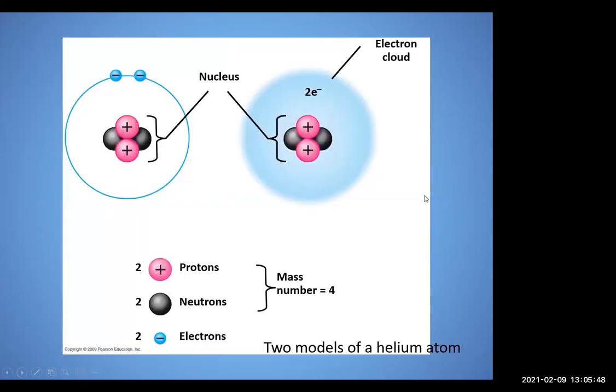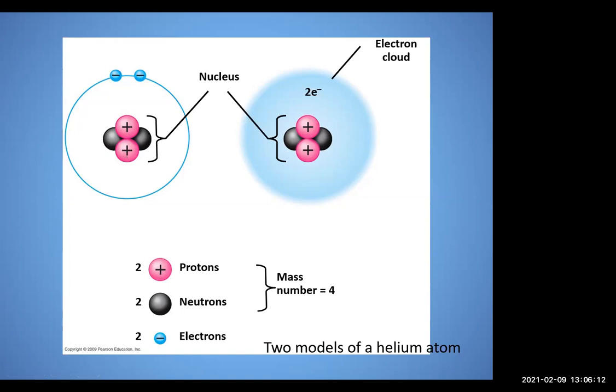So this is the structure of an atom. You can illustrate that in a couple of different ways. You can do it with this little two-dimensional model over here, which is a helium atom. Helium atoms have 2 protons and 2 neutrons. The protons are shown in pink, the neutrons are shown in gray, and the electrons are shown in blue. Protons, of course, have a positive charge.